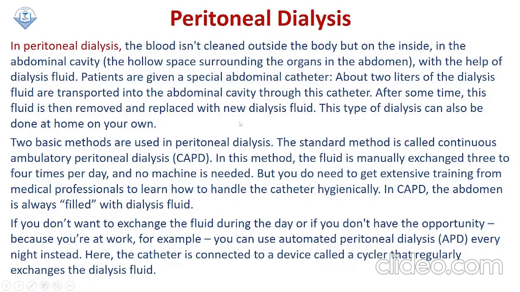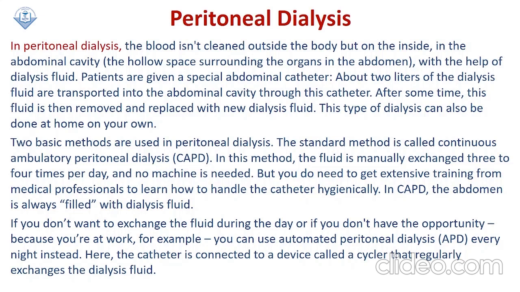We have the standard method, called continuous ambulatory peritoneal dialysis, when fluid is manually exchanged 3 to 4 times per day and no machine is needed. But we must get extensive training from medical professionals to learn how to handle the catheter hygienically and so on.